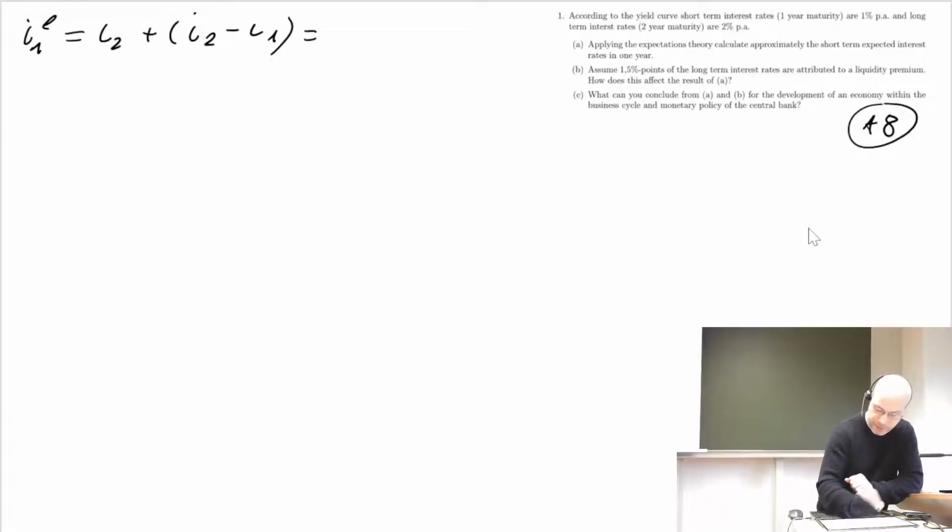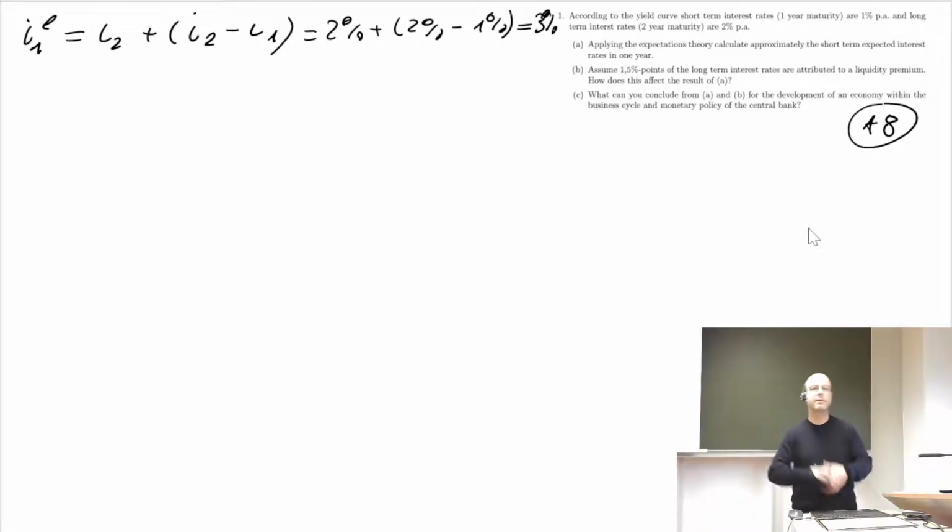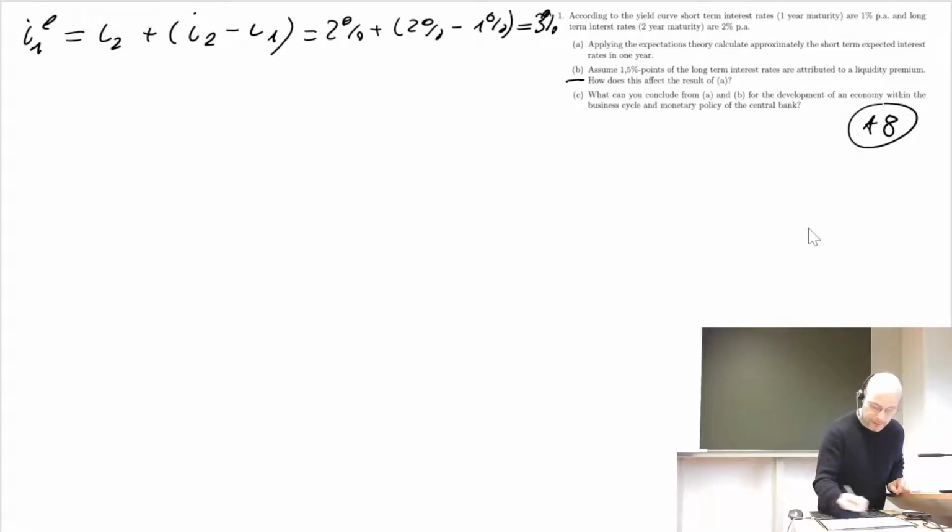So we obtain 2% plus 2% minus 1%, and this is 3%. And this was one explanation why interest rates for different maturities could fall apart. This is A.